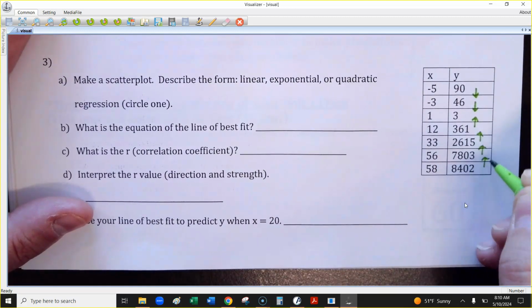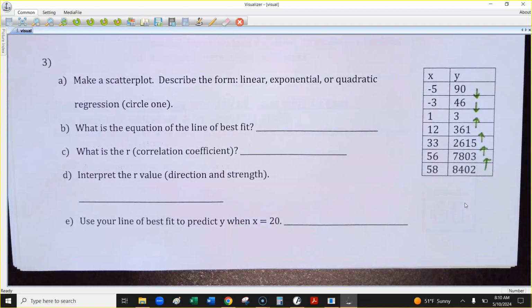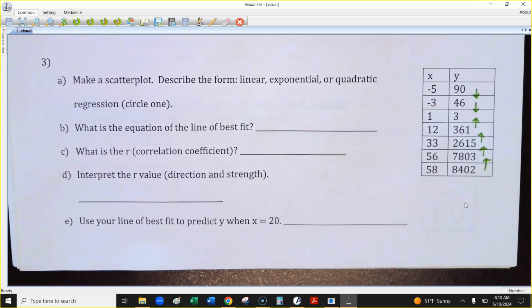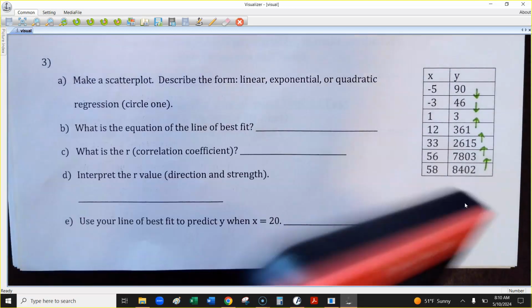This is going to be kind of hard to see on the graph. I should have given us a little bit more data. But on one side, it's decreasing, and then it starts to increase. So this should create a quadratic. It's just going to be kind of hard to see on the graph.